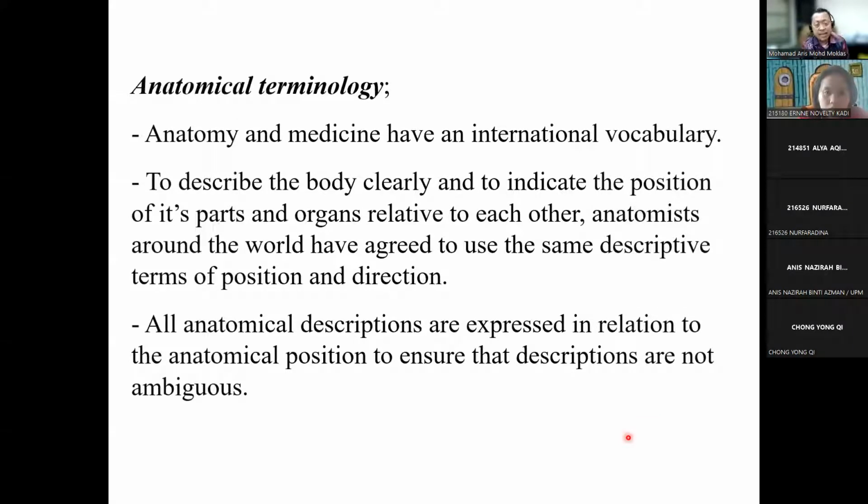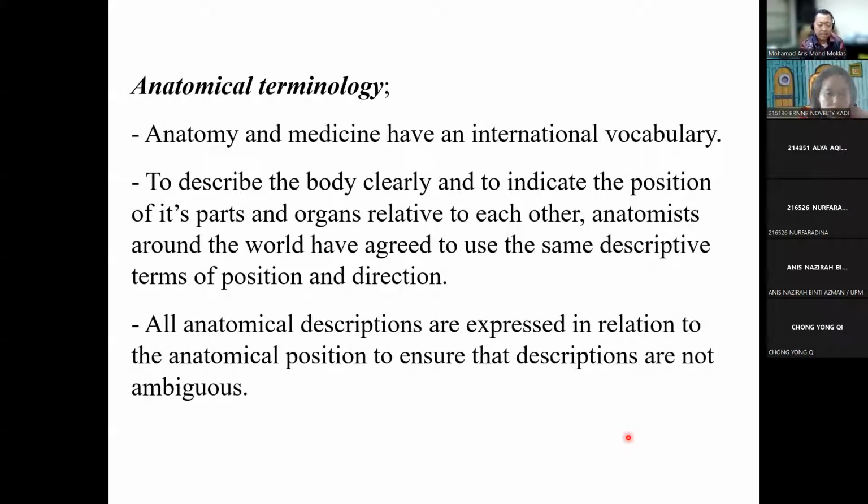So anatomy and medicine have an international vocabulary, which means that wherever you go, we are using the same language, the same words to describe the body clearly and to indicate the positions of its parts and organs related to each other. Anatomists around the world have agreed to use the same descriptive terms of positions and directions.